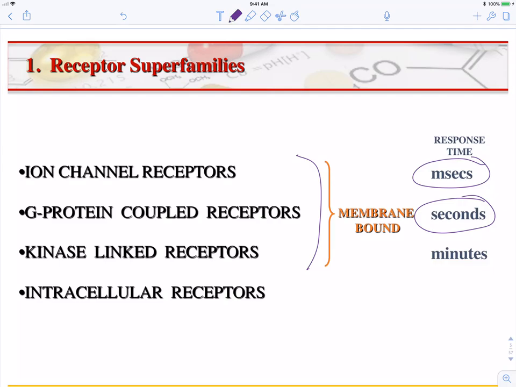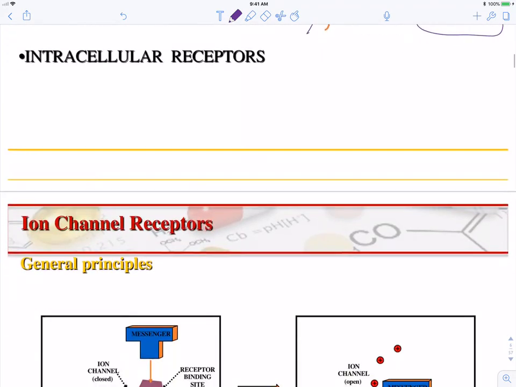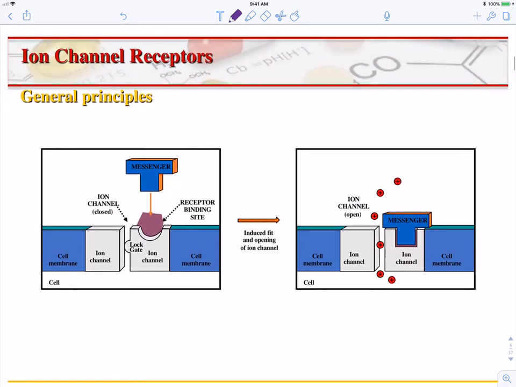And finally, kinase linked receptors and intracellular receptors, which typically act on protein synthesis, can have activation times as long as minutes. So let's have a short survey of how these different receptors work.